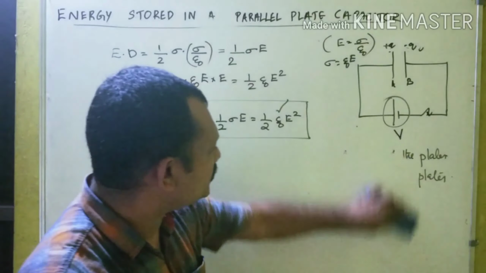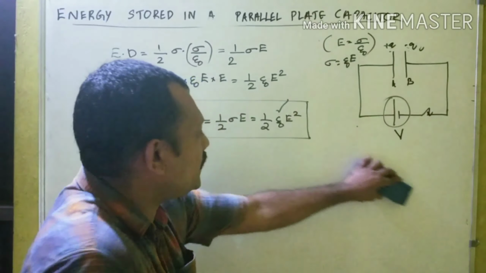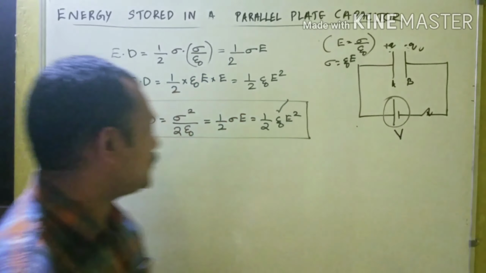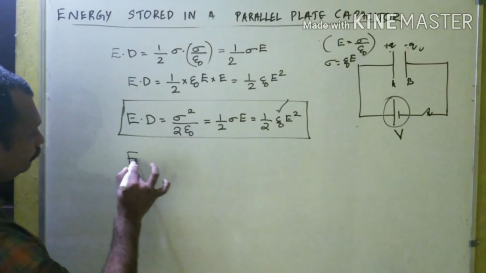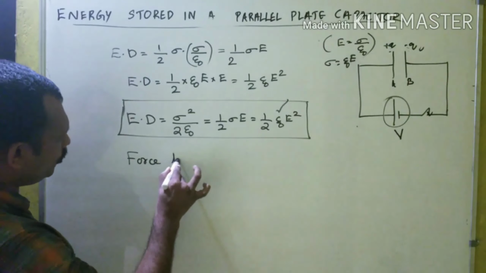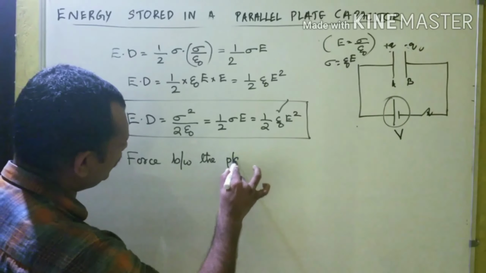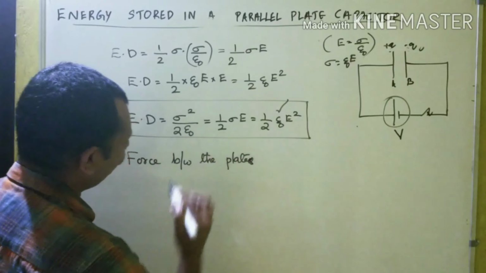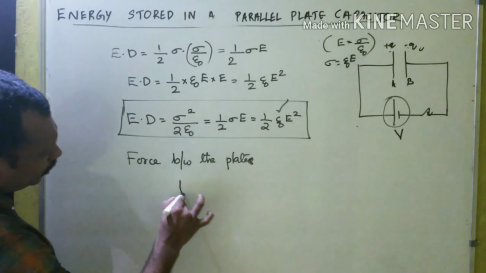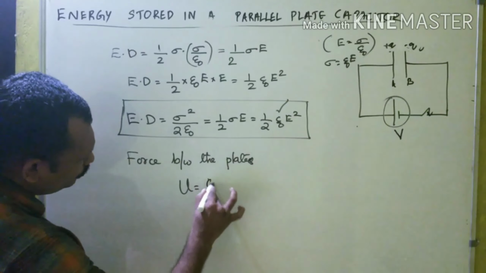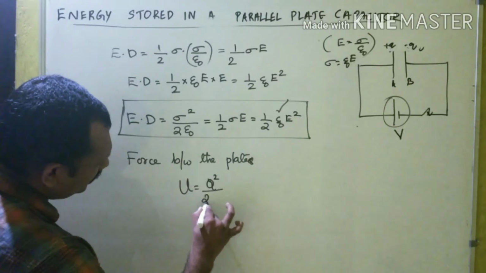The next thing we are going to discuss is the force between the plates of a parallel plate capacitor. We have the formula for energy equal to Q square divided by 2C.